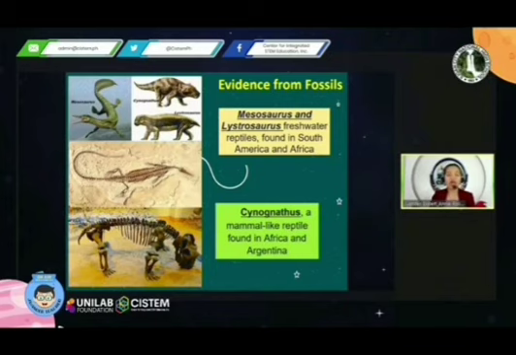All right. So fossils of these animals were discovered in different continents being mentioned. So these are freshwater reptiles. So napaka-imposible naman na itong mga reptiles na to, napaka-imposible na they were able to swim over vast oceans and move from one continent to another. So ano talaga ang ibig sabihin nito? What does it imply? So it implies that these continents were once joined and connected.